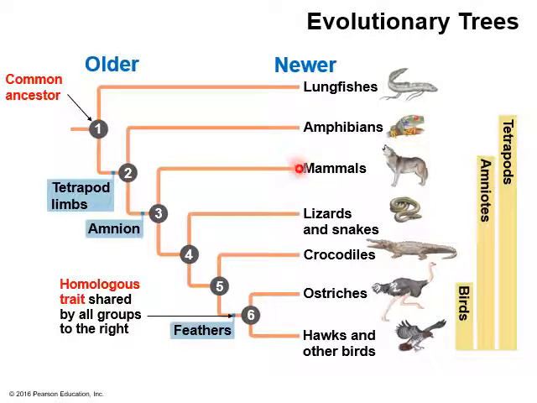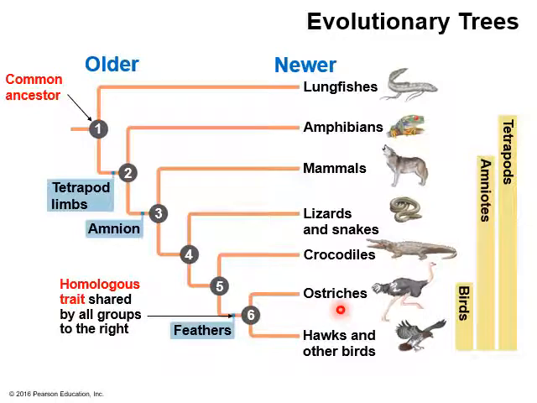Whereas if we want to go from mammals to lungfish, we have to keep going further back, up, and all the way across. So we have to go further along the evolutionary tree to get from us to lungfishes than from us to lizards and snakes. So we are more closely related to lizards and snakes than we are to lungfishes. Or in the case of ostriches, they are more closely related to hawks and other birds than they are to mammals, where you have to go that whole way. So relatedness is shown by how far apart the different things are.